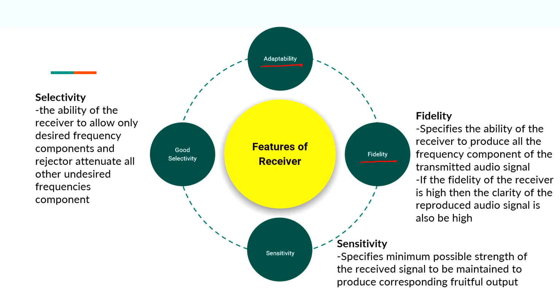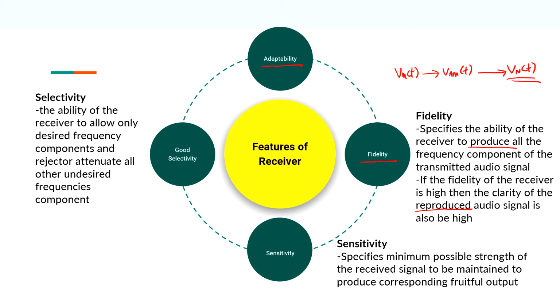If the fidelity of the receiver is high, then the clarity of the reproduced audio signal is also high. In modulation, VMT changes to VAMT, and then it is reproduced back as VMT. So if the fidelity is high, we will get high clarity of the VMT.